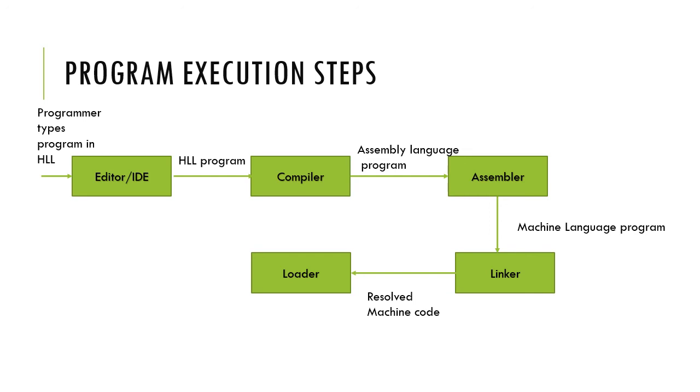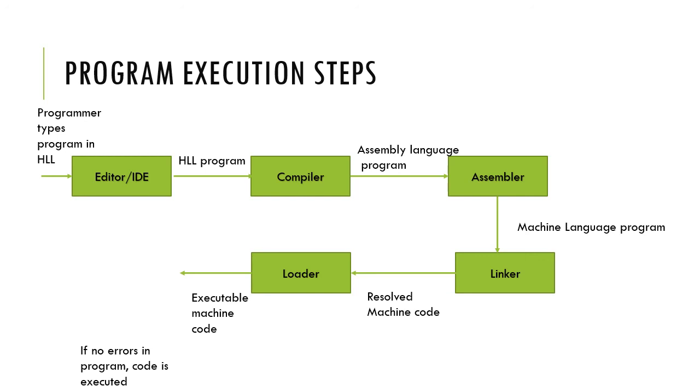So the resolved machine language program is then used by the loader for executing. So finally the output of the loader is your executable machine code. So this executable machine code, now you can execute it on the machine for which it has been converted.